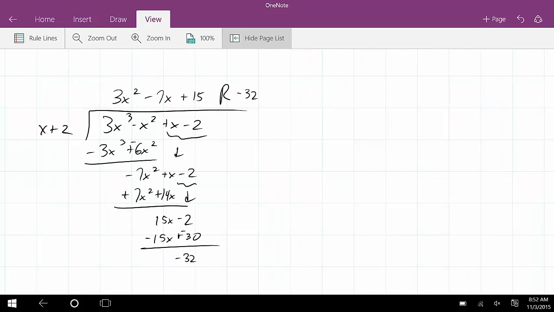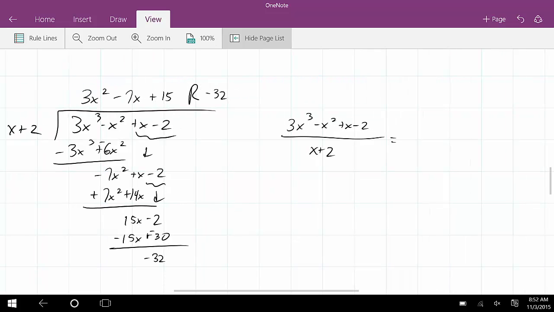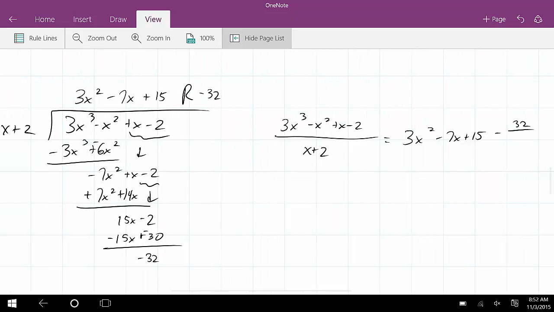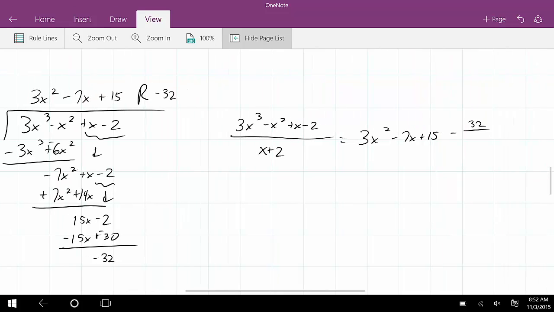So we found that 3x cubed minus x squared plus x minus 2, and remember, that's the dividend divided by the divisor, is equal to 3x squared minus 7x plus 15, and then minus 32 over the divisor, which was x plus 2.